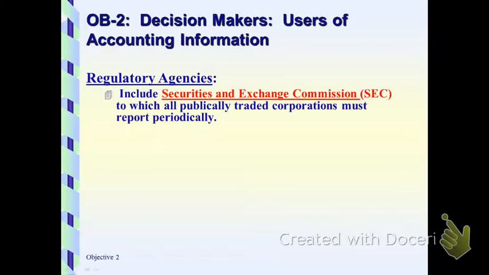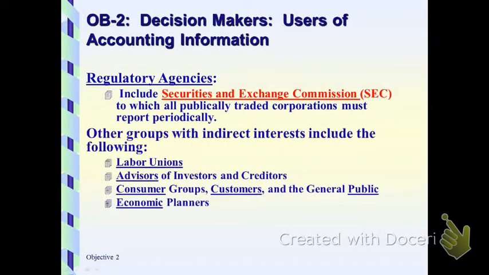Regulatory agencies also include the Securities and Exchange Commission. And then other groups are labor unions, advisors to investors and creditors, consumer groups, customers, the general public, and economic planners.